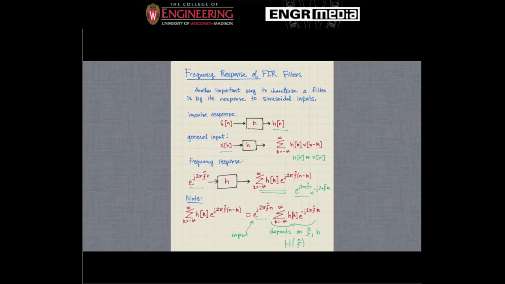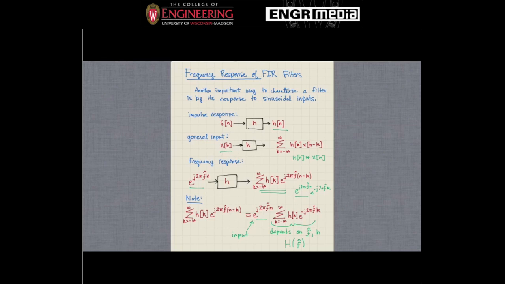And so why is that interesting? Well, that's just the input again. So what is that telling us? If we input a complex exponential into an FIR filter, then what we get is a scaled version of that input. We get the input signal back, multiplied by this sum from k equals minus infinity to infinity of h of k, the impulse response, times e to the minus j 2 pi f hat k.